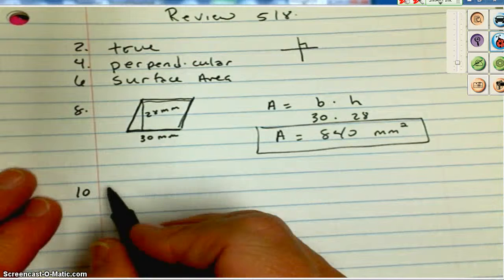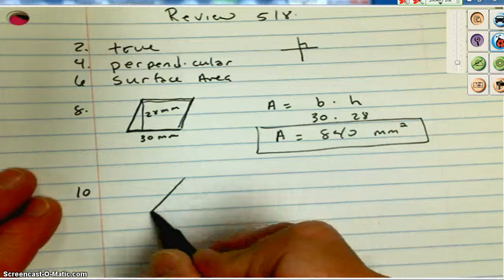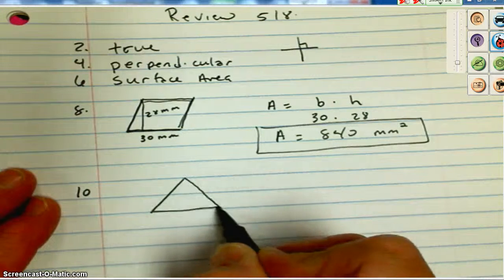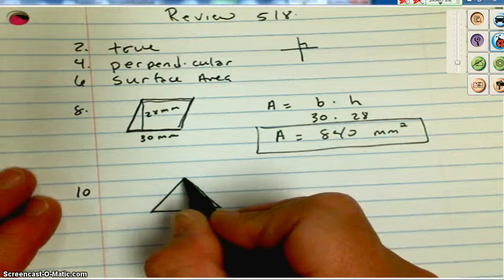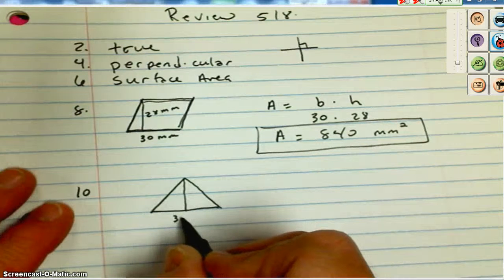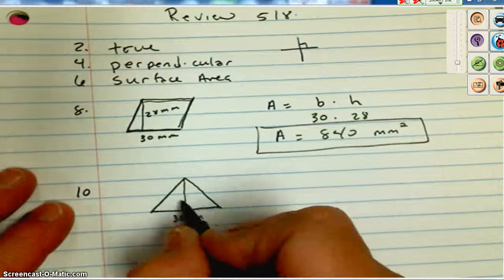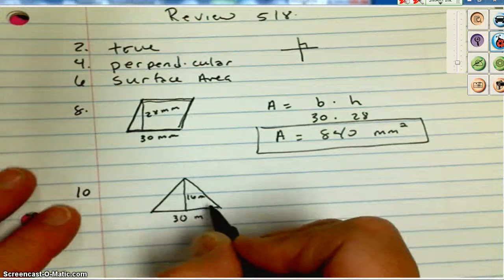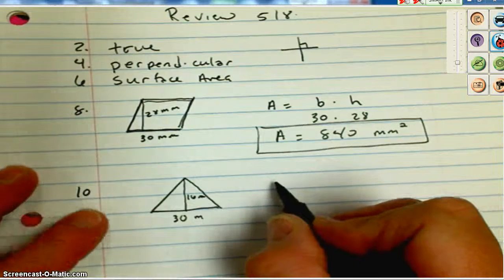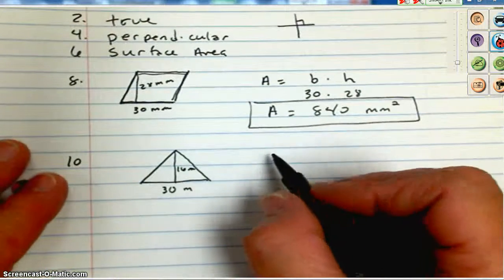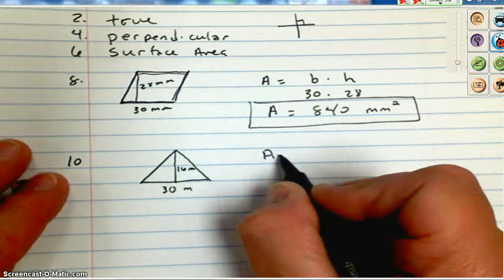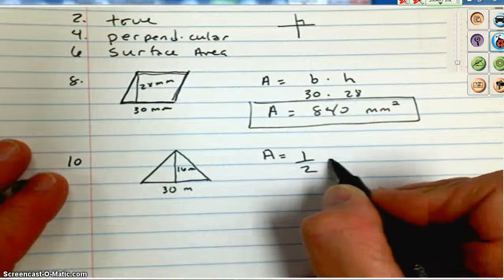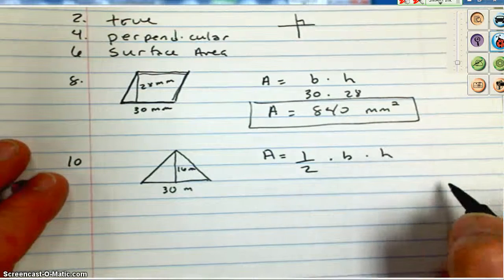Now let's move on to number 10. Number 10, of course, was a triangle, and your triangle looks something like this, with a base of 30 meters and a height of 16 meters. The formula for the area of a triangle is area equals 1/2 of base times height.